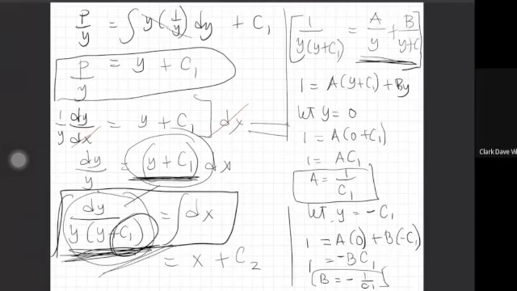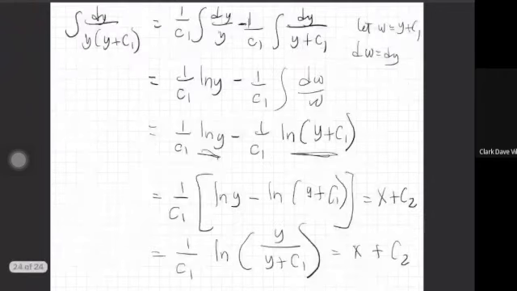And we did not violate anything in substituting values to solve the arbitrary constants a and b, where a is 1 over c sub 1 and b is negative 1 over c sub 1. Okay. I think this is it.